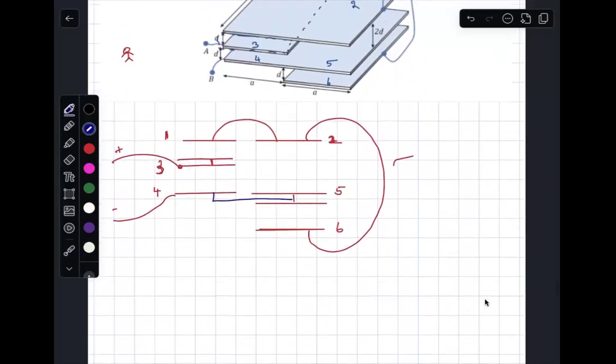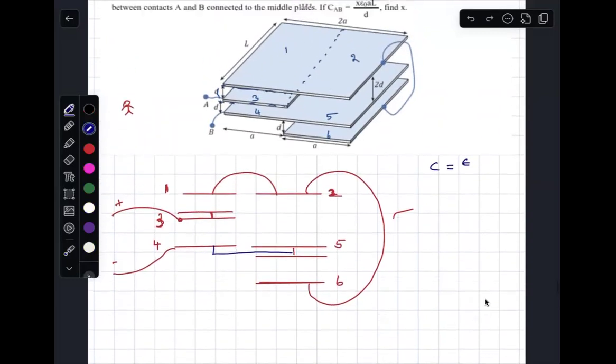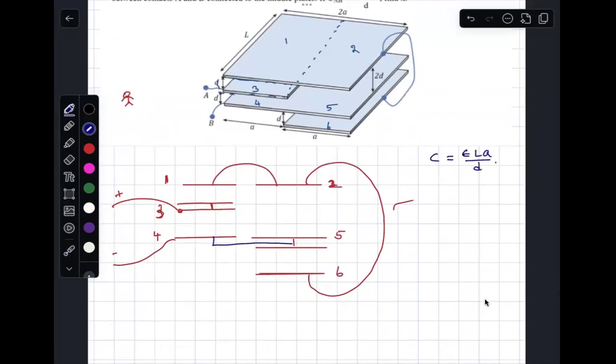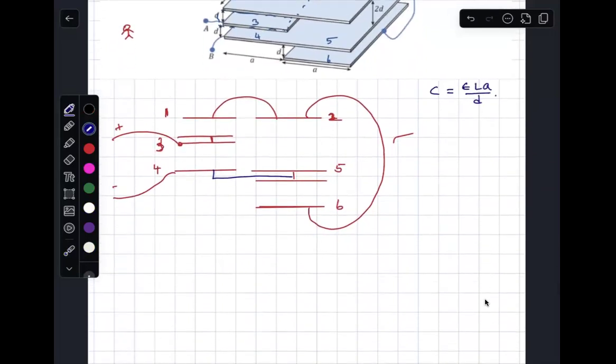Now, by the way, suppose I will represent a terminology epsilon naught LA by D, I will use as C. Now here between 3 and 4, the equivalent diagram I am drawing again. Across 3 and 4, this is plus, this is minus, capacitance is C.